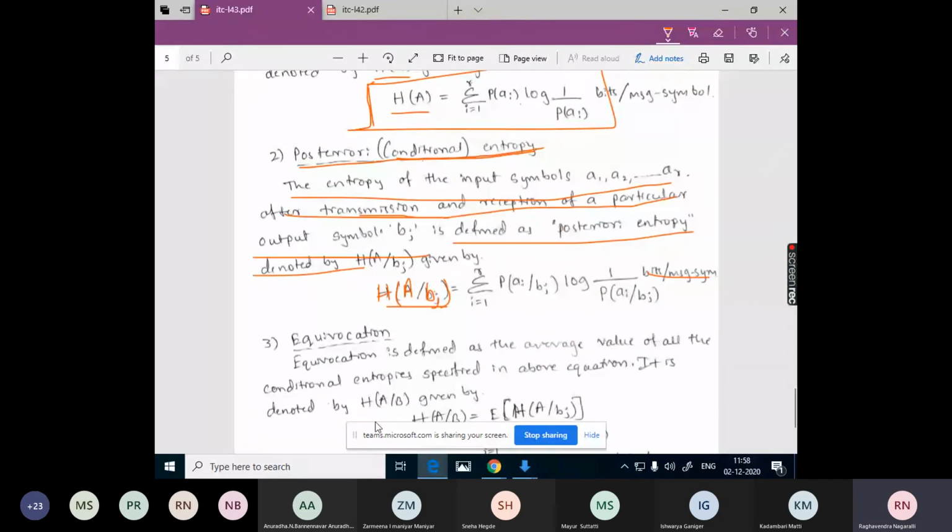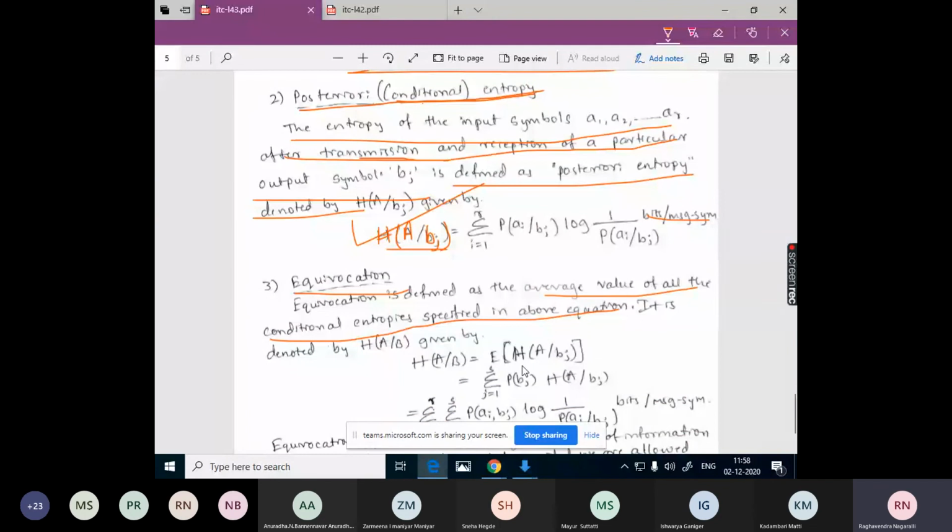Okay. Next, third one, equivocation. Equivocation is defined as the average value of all the conditional entropies specified in the above equation, and this is denoted by H of A by B. Here we have considered only the reception of a particular output symbol, but in equivocation we are considering in general all conditional probabilities.